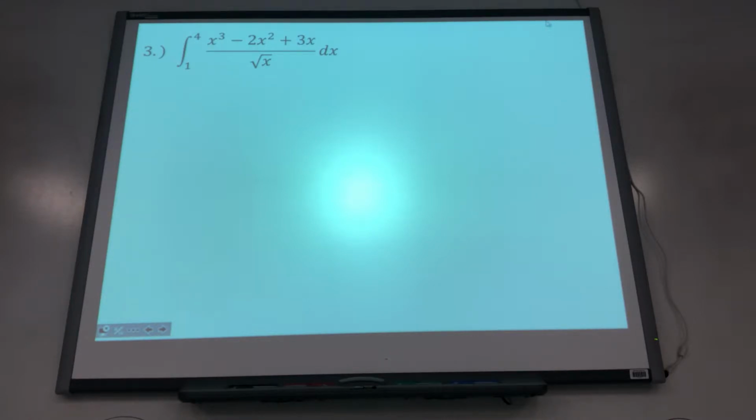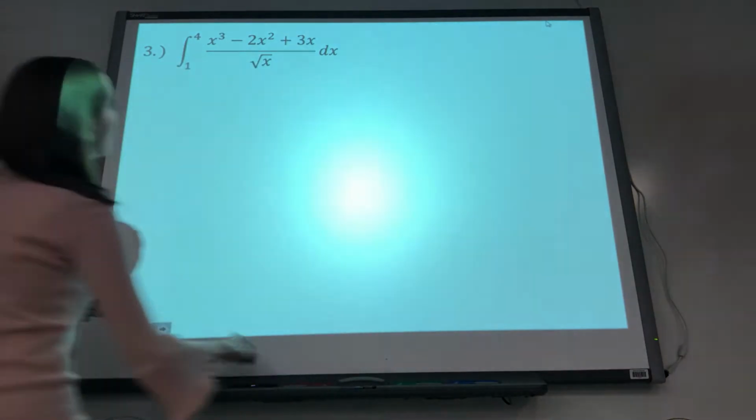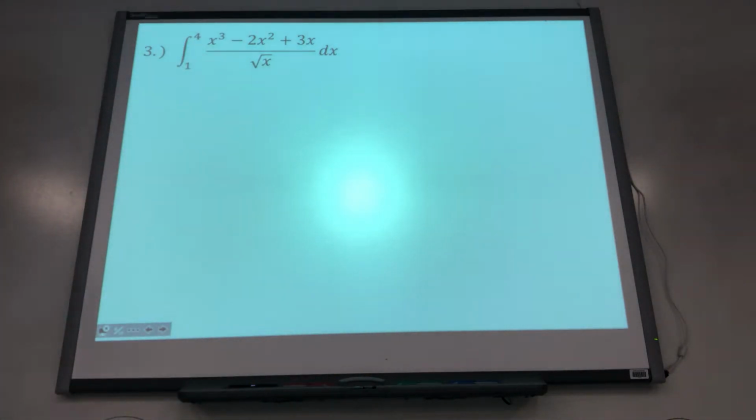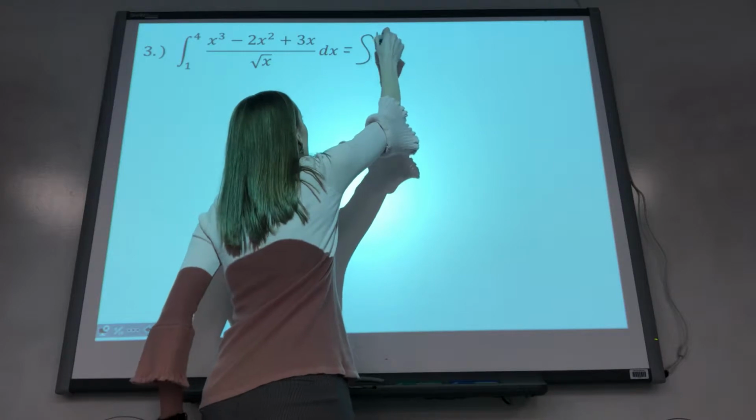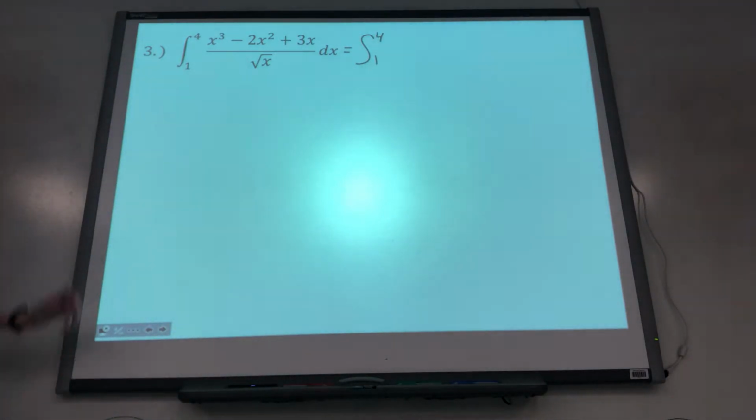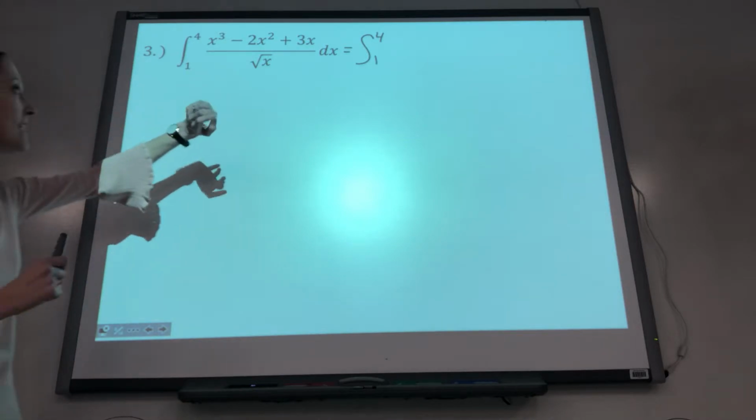And it's x cubed minus 2x squared plus 3x all over the square root of x dx. Okay, I don't like how any of that looks. So before I integrate, I'm probably going to have to simplify this a little bit.